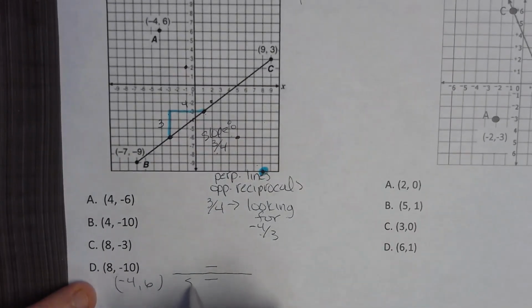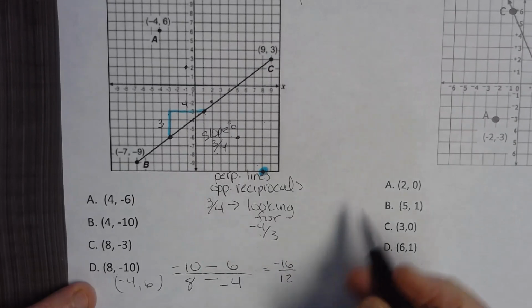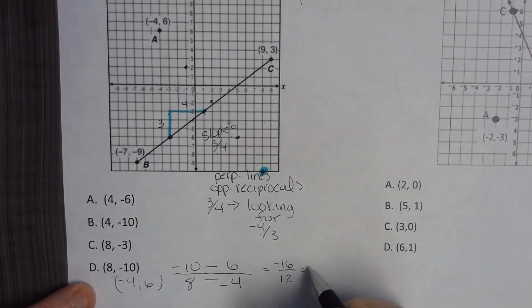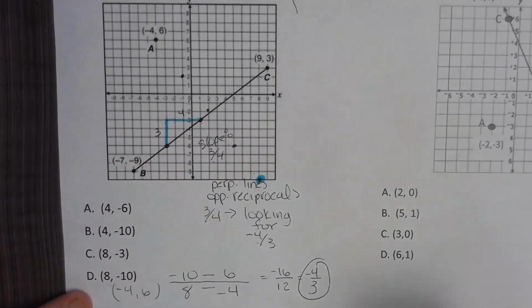I get negative 16 on top, and I get 12 on the bottom, and that reduces to negative 4/3. So the line through these 2 points is going to give me a perpendicular line to the original.